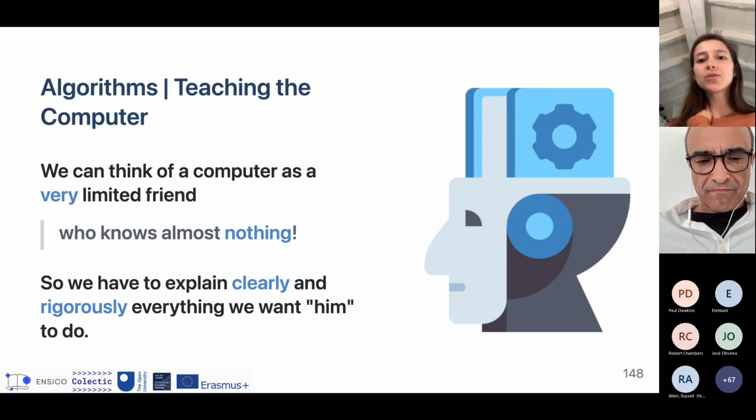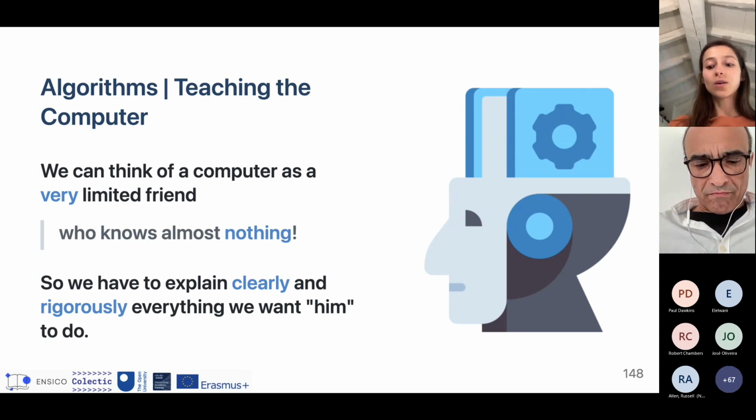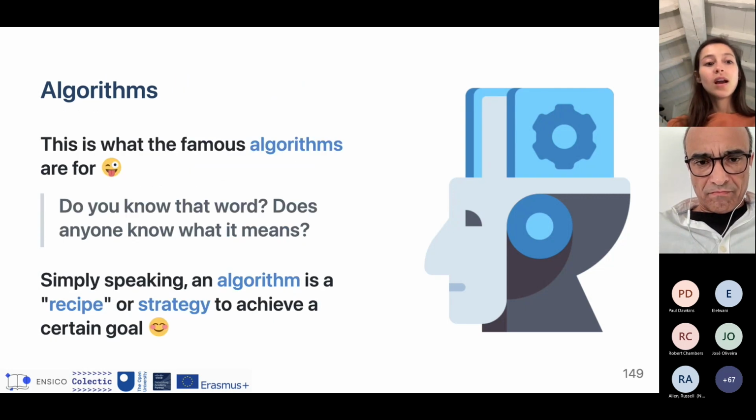We need to state very precisely what we want the computer to do, because it is not a smart human like us, and if we aren't rigorous, it won't understand. So we really need to think very carefully about what we want to communicate to the computer and write it in a way that it understands. And that's what algorithms are for.